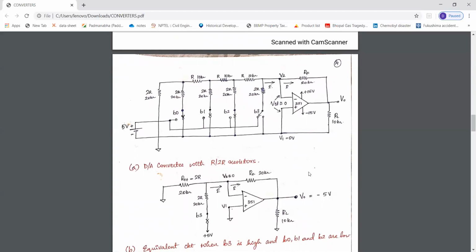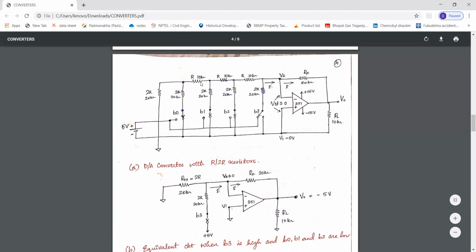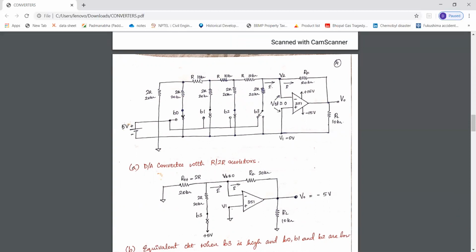Why we call it R to R resistors is that there are only two resistors here. One is R and the other is 2R. The R resistor is equal to 10 kilo ohm and 2R is twice of that, so it is 20 kilo ohm. They call it a ladder network because it forms a ladder type.